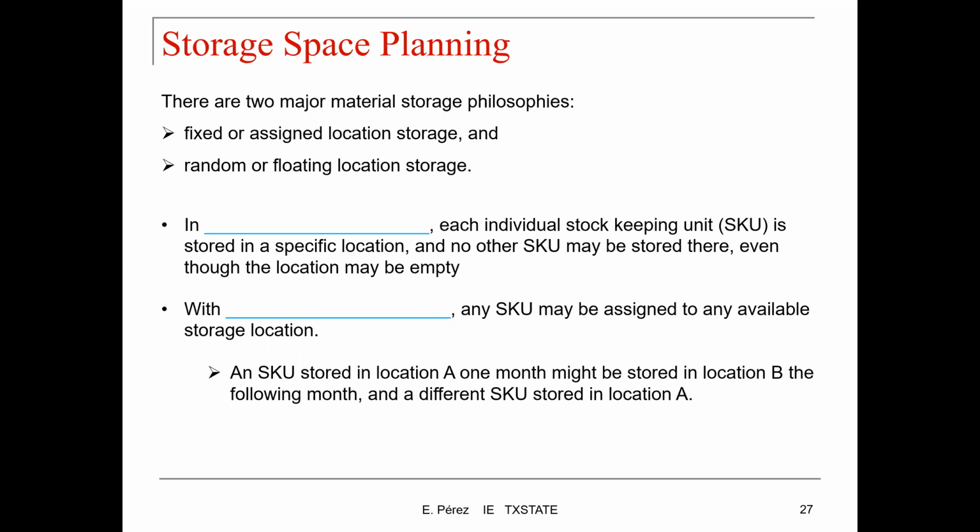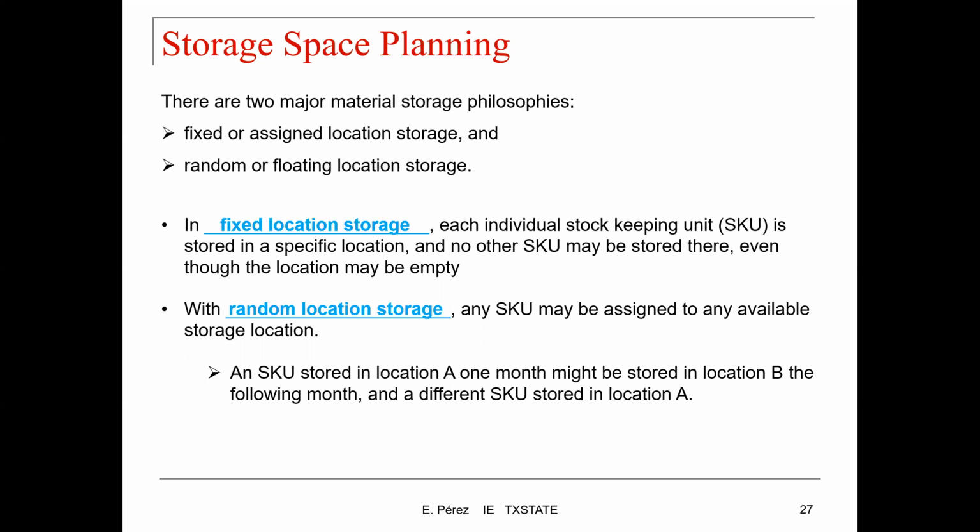There are two major material storage philosophies. The first one is called the fixed or assigned location storage. The second one is the random or floating location storage. In fixed location storage, each individual stock keeping unit, or SKU, is stored in a specific location, and no other SKU may be stored there, even though the location might be empty.